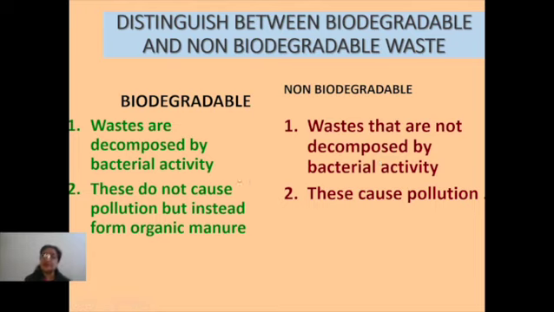Number two, biodegradable waste does not cause any pollution, but instead forms organic manure which can be used for adding fertility to the soil, for growing any crops or plants. But in the case of non-biodegradable waste, we find that it causes a lot of pollution. It is not at all good for soil, right? No manure is generated out of it. So these are the basic differences between the two types.